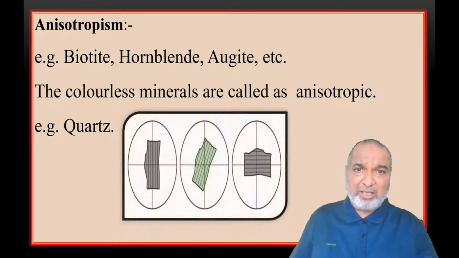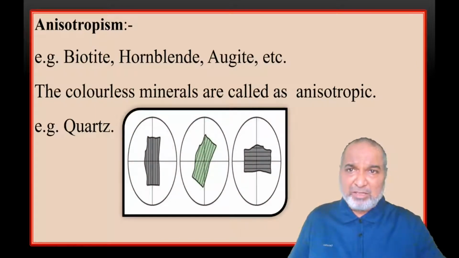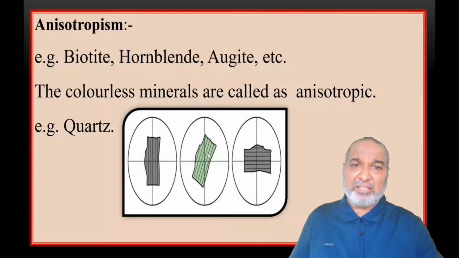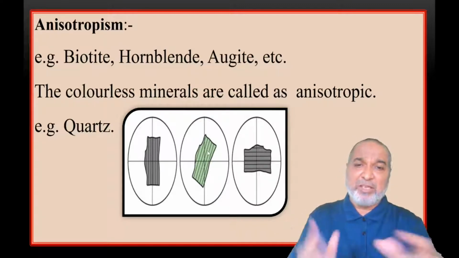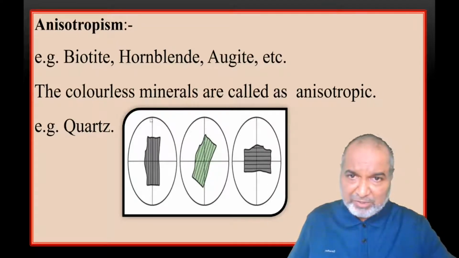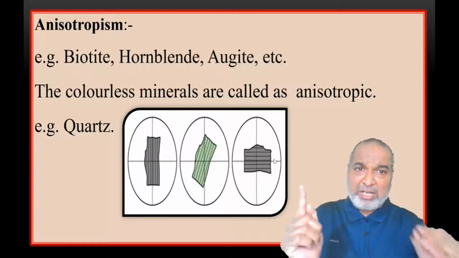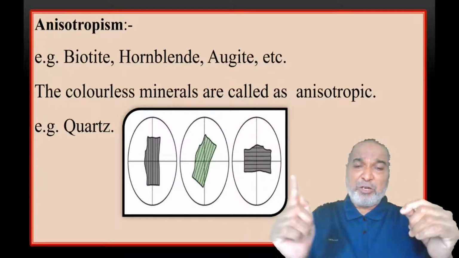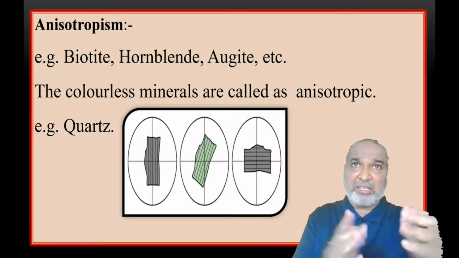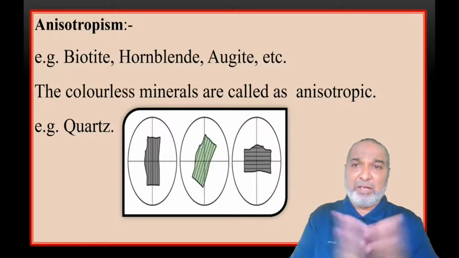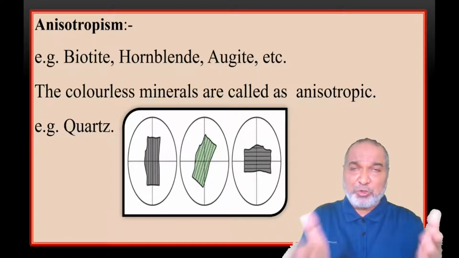So we'll see that position. Now this is the position where the mineral is dark, and as you rotate, we find the color at this position. Here we have 0 degree, and this is 90 degree. In between 1 degree to 89 degree, we get the colors, and this is the anisotropic mineral showing the color, and the phenomenon is anisotropism.